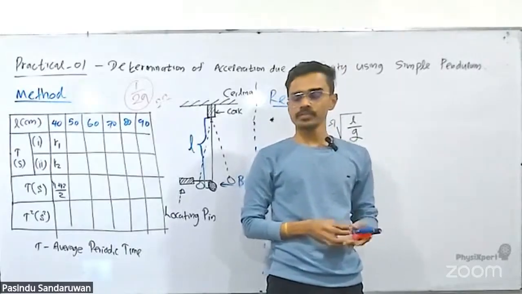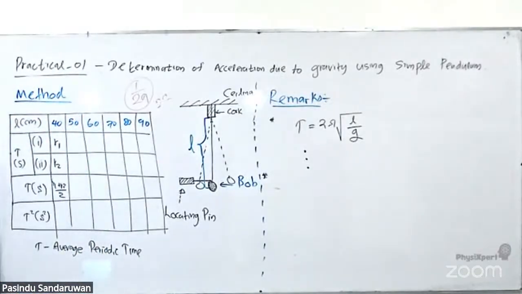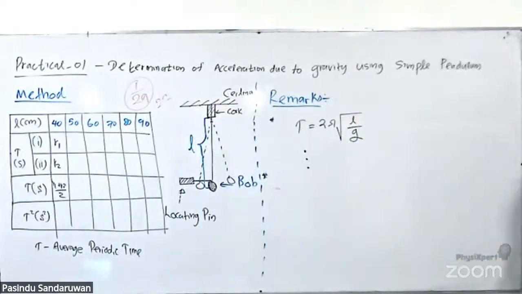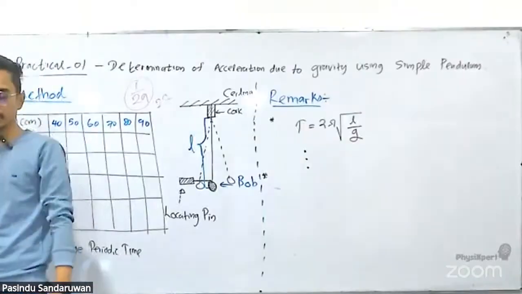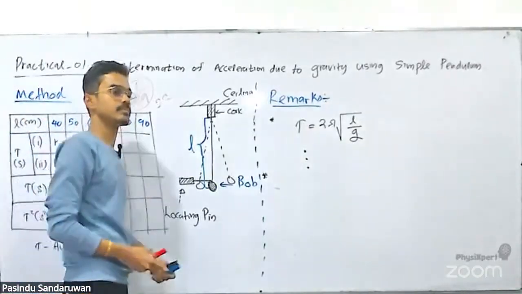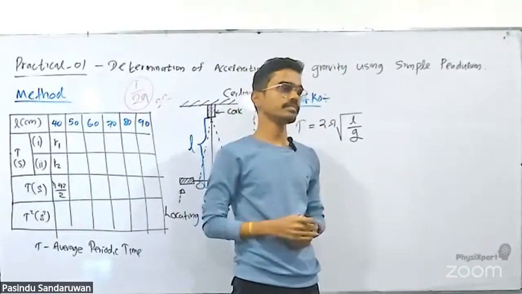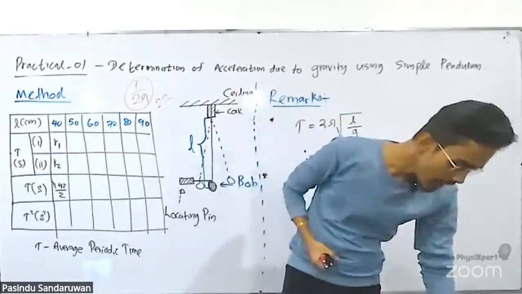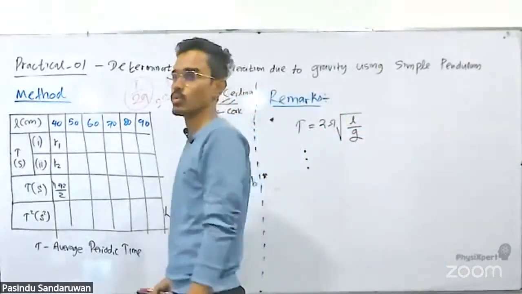A suitable number of oscillations should be considered so as to maintain percentage error below 1%.